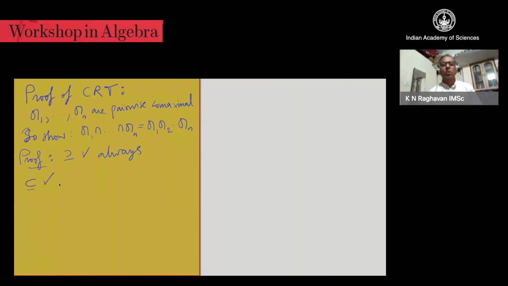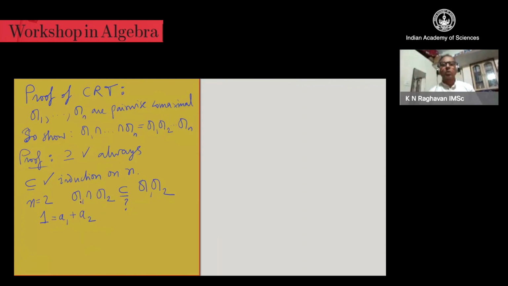Let's do an induction on N, and let's do the case N equals 2. What we want to show is that A1 intersect A2 is contained in A1 times A2, under the assumption that A1 and A2 are comaximal. So what does it mean that A1 and A2 are comaximal? 1 is equal to A1 plus A2.